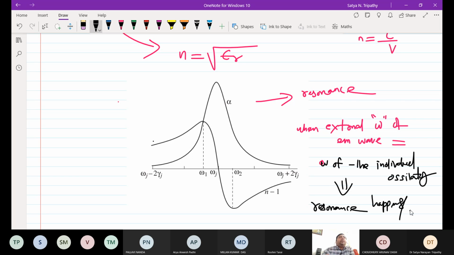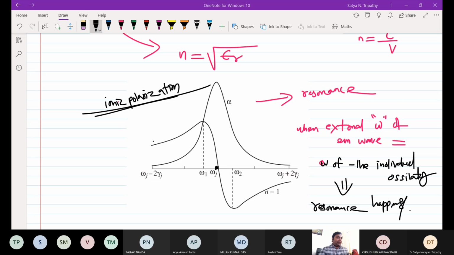And this is valid for ionic polarization. It is dealing with electrons attached to the atom. Electronic polarization is there, so this is one kind of resonance. Whenever the applied frequency matches the individual one, you have resonance.